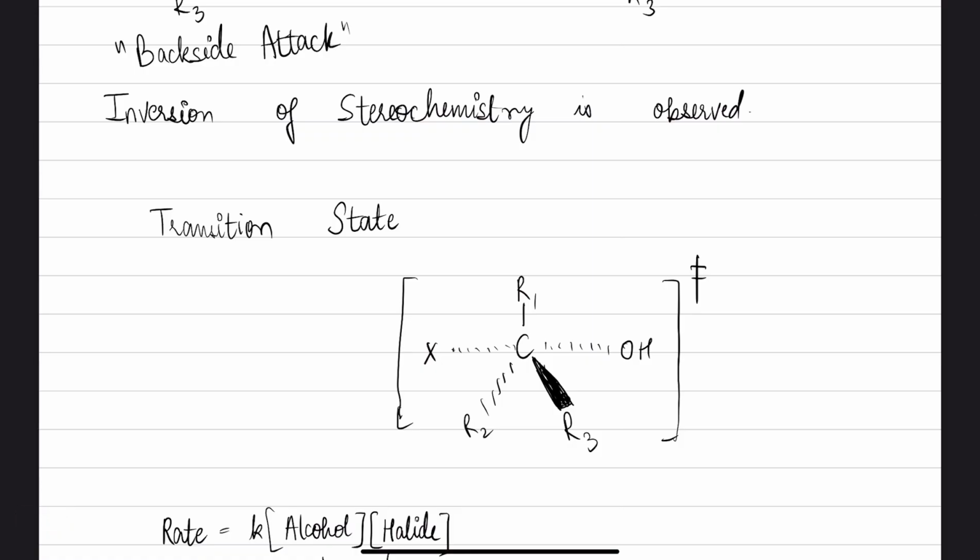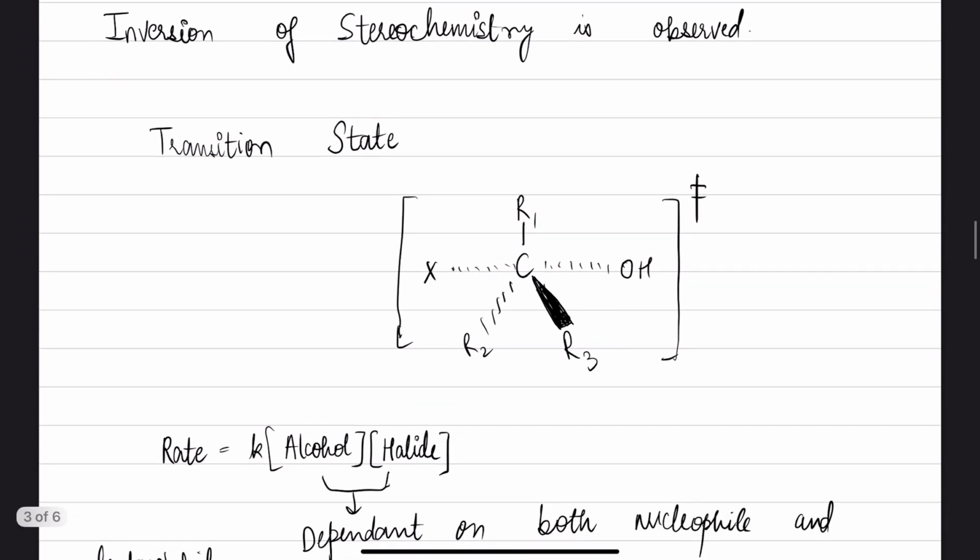In the transition state, the three groups attached to the carbon can be seen here, but the incoming nucleophile and the outgoing leaving group are attached simultaneously to the carbon. This bond will eventually get stronger and this bond will eventually get weaker.